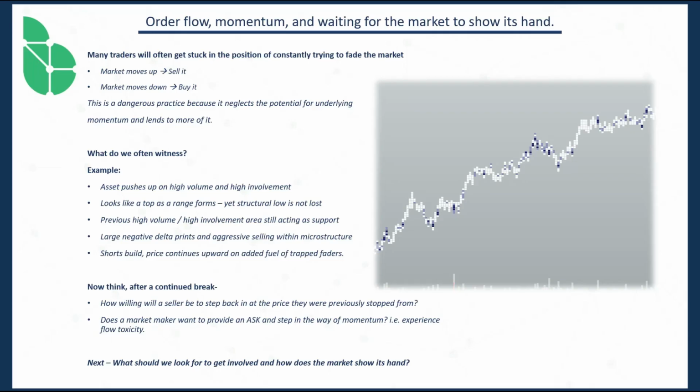What it neglects is the potential for underlying momentum, the beginning of a trend, the beginning of new momentum, and if anything, the premature fading of any type of move lends to more of the momentum to follow. When you're taking a position against a trend and the prices are still moving against you, you ultimately help the momentum that occurs as a result of you closing your position out.